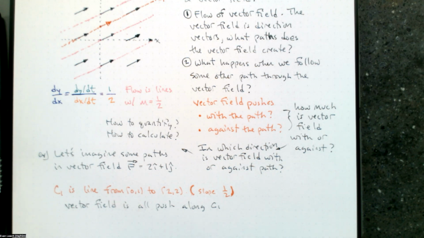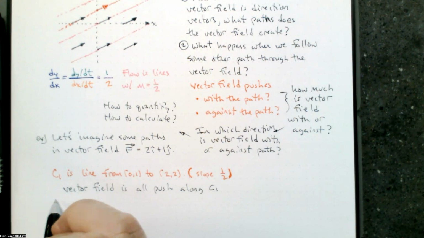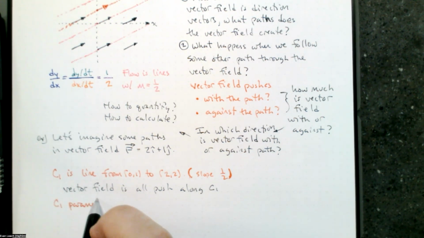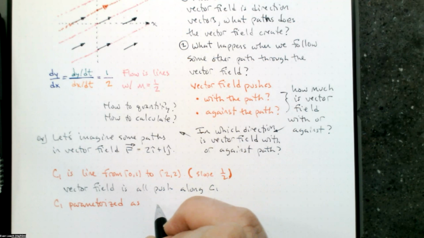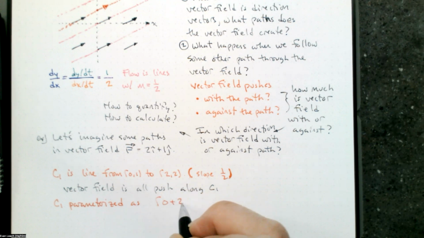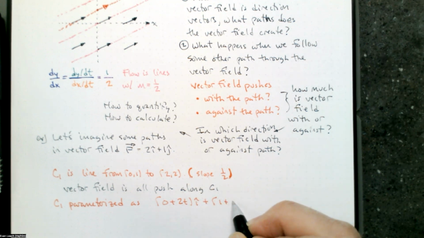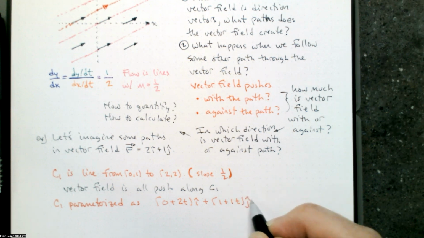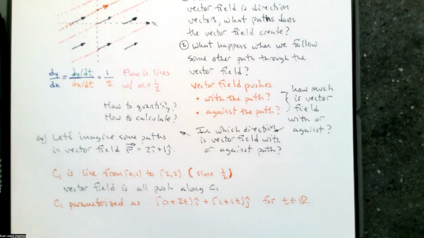If we look at the dot product of our direction vector, so the direction vector for the curve, I'm adding details that I never stated in the beginning, but let's just have this path go on forever.